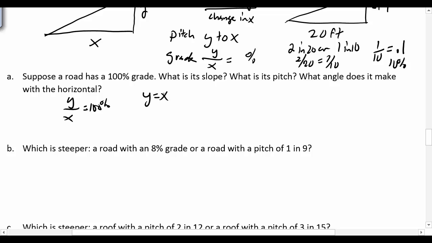They have to have the same numbers. So that would put it at a slope of 1. Again, we'd have to have specific numbers, but it'd be 1. Its pitch would be 1 to 1.